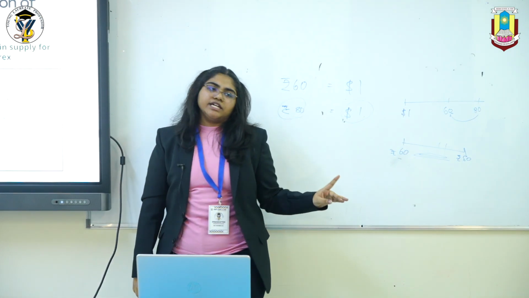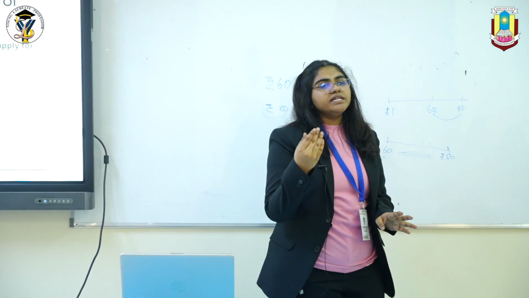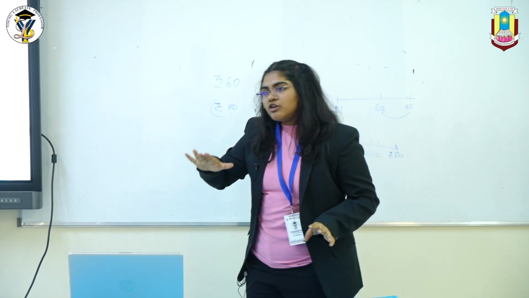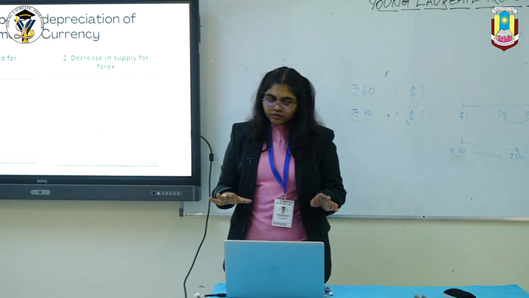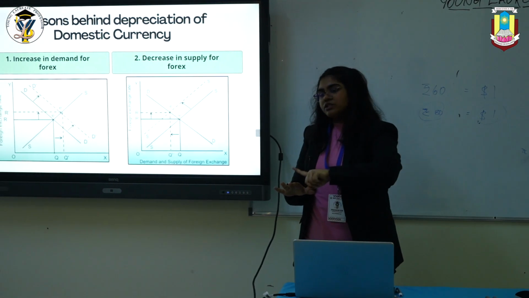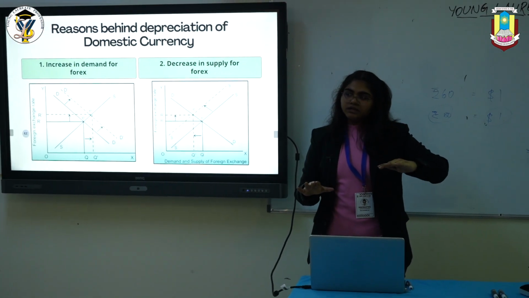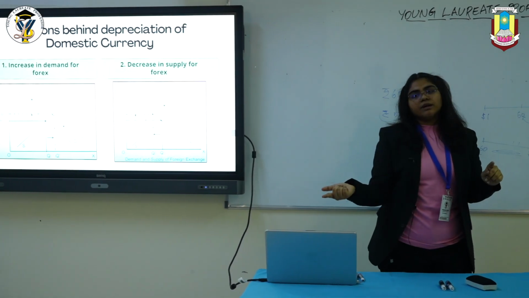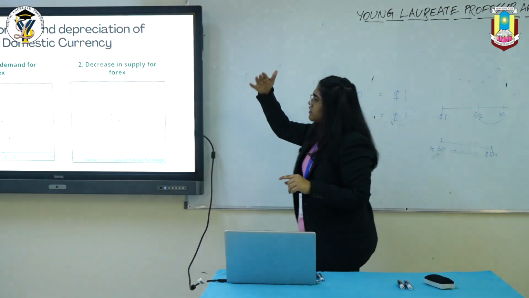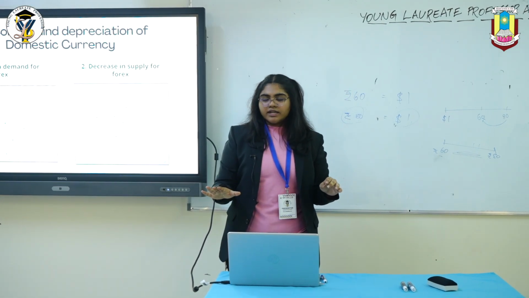Reasons behind depreciation of domestic currency. Now we know depreciation means fall in the value of domestic currency, correct? When there is a fall in the domestic currency value, demand is inversely proportional, which means demand must have increased. Second reason, what happens to supply? We know in depreciation the value of domestic currency has fallen.